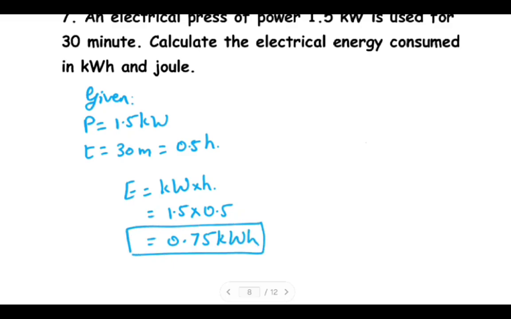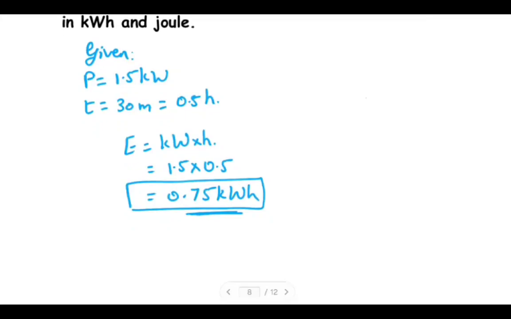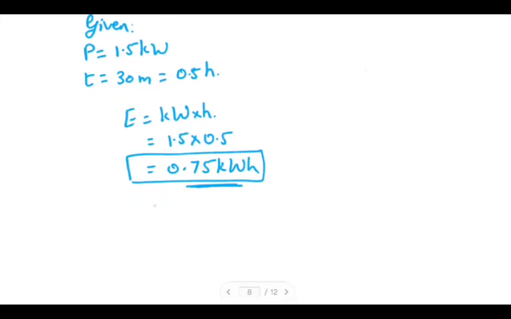Okay, we've calculated this in kilowatt hour. Now this has to be converted in joules. So first I will have to make the kilowatt into watts. So I'm going to multiply this by 1000. I have to remove the kilo, so 1000.